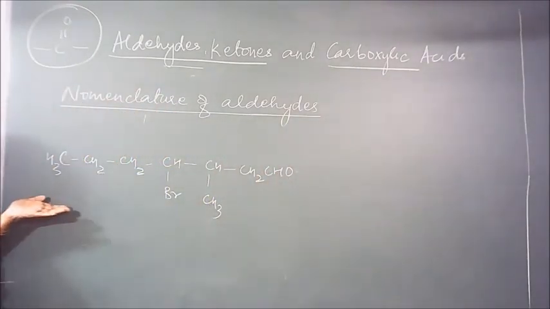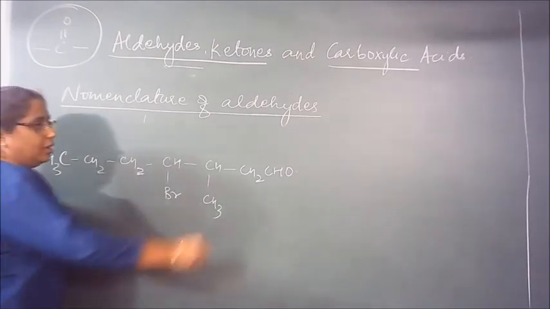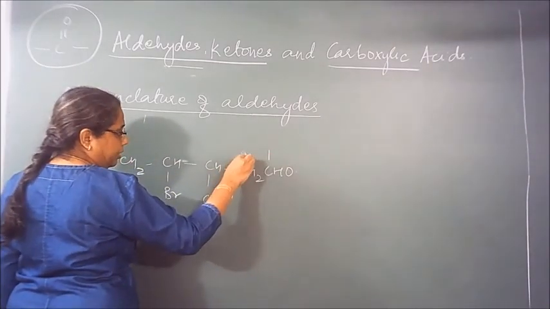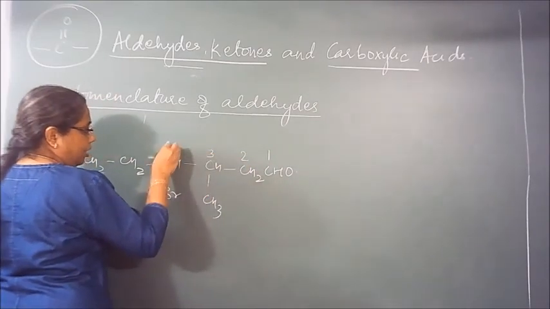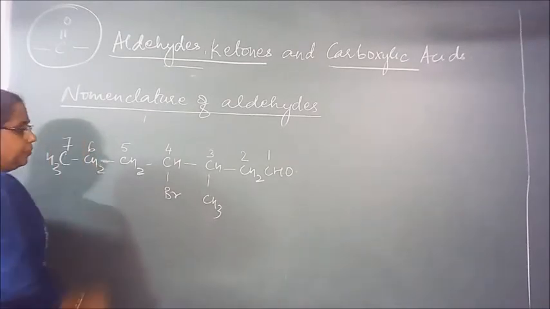Okay, so we have to name this compound. Kindly message, write the name of the compound or speak up. You basically have to write the numbering from here: 1, 2, 3, 4, 5, 6, 7.